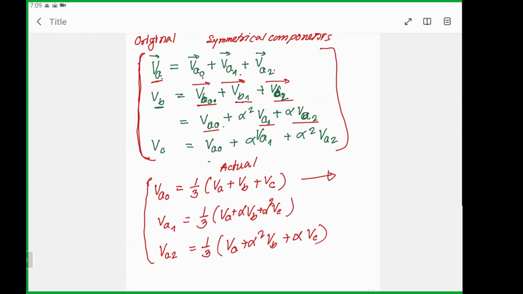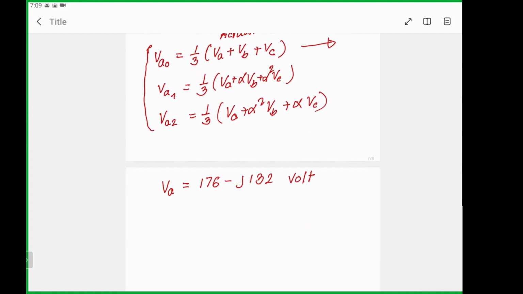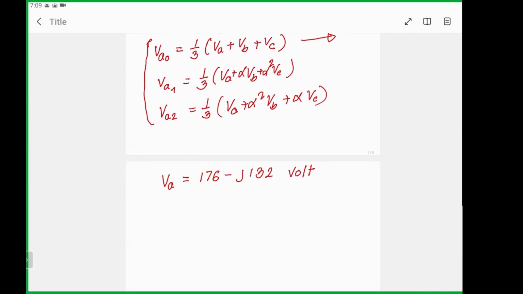So let me just write down the problem and then we will try to find the solution. Here we are given the voltage VA equal to 176 minus j132 volt. We started with the discussion of what type of representation this is.